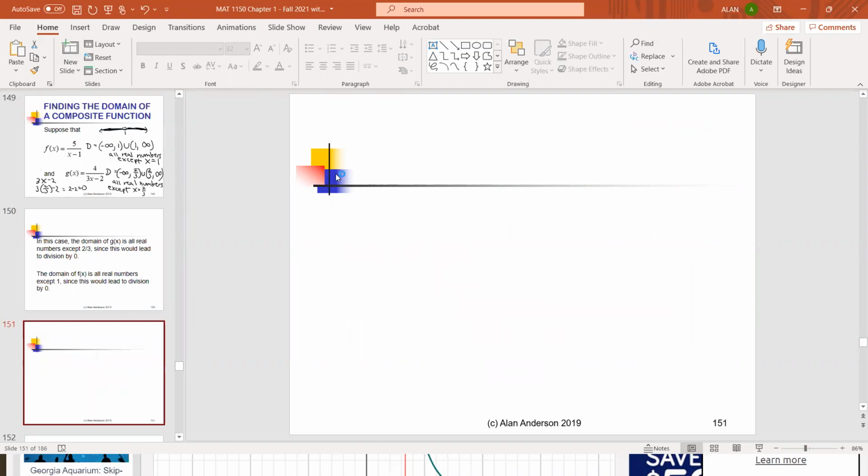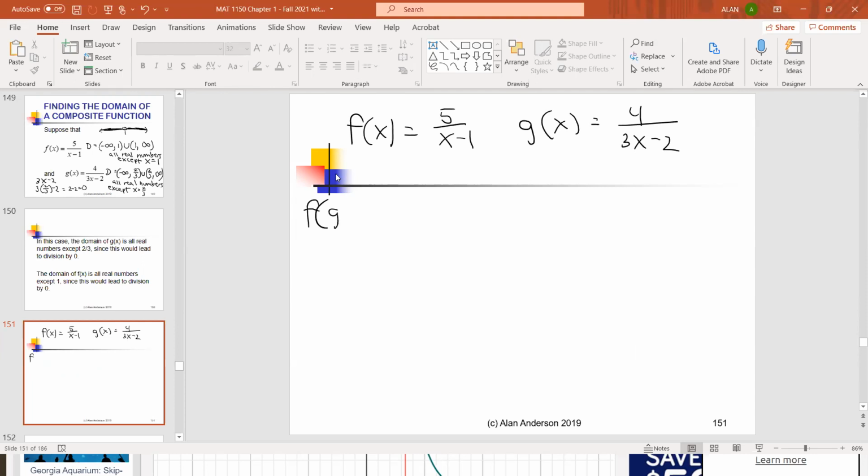So if f of x is 5 over x minus 1, and g of x is 4 over 3x minus 2, f of g of x would mean you have 5 over g of x minus 1. Now this one's going to be a little tricky because we've got a ratio in the denominator. Wow, what do we do now?